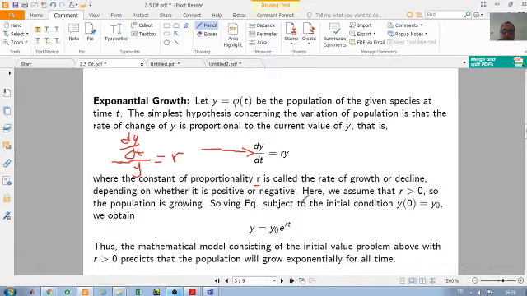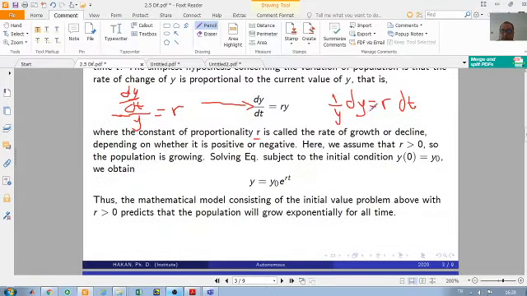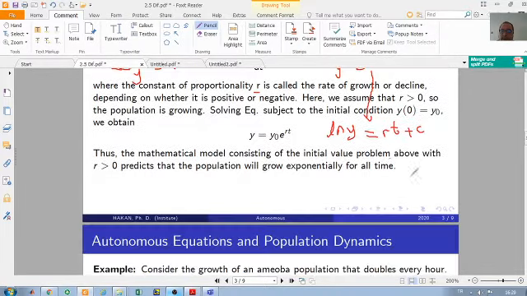This is a separable differential equation because we can write 1 over y dy is equal to r times dt. Taking the integration of both sides of this equation, we can write ln y is equal to rt plus c, and from here y is equal to e to the power rt times the constant c1.